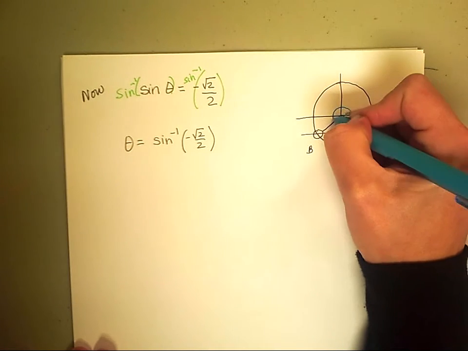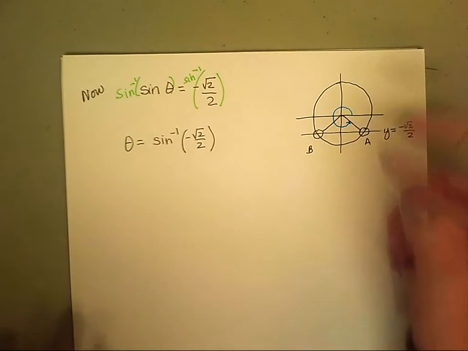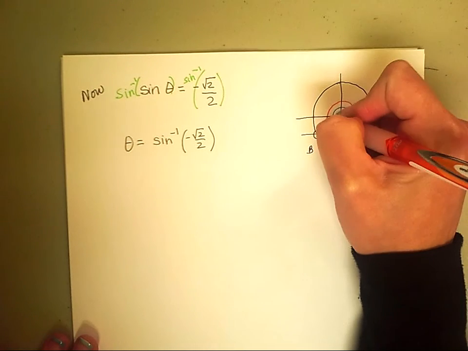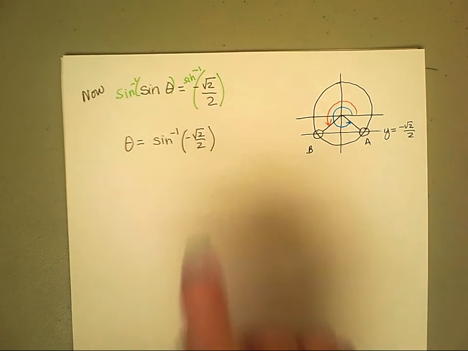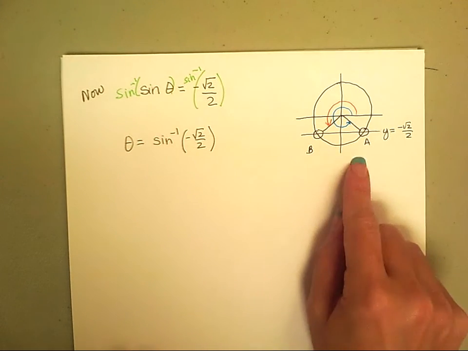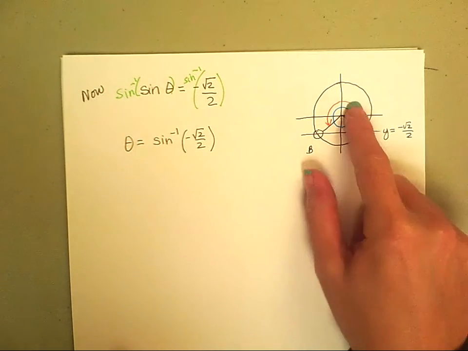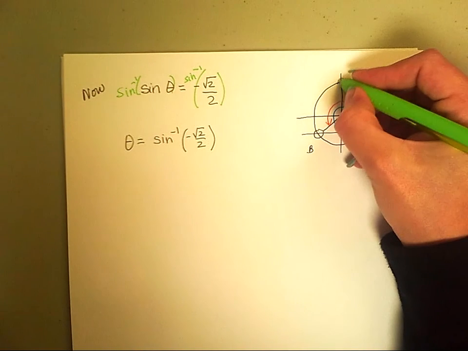Is this angle A, which starts here and comes all the way around, or is it angle B, which starts here? And the confusing thing about this is that this angle, as it's written, is actually not A or B, specifically as we are looking for them as I have drawn them. So here is why.